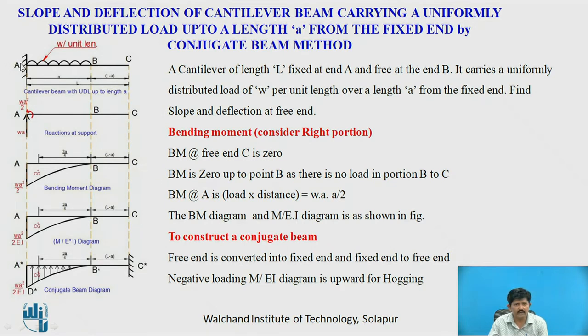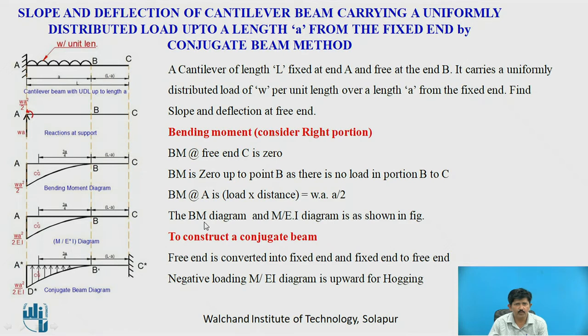Now the bending moment at A will be equal to load into distance. So the load will be W per unit length into this distance, that is A, multiplied by this CG from A. So that is W into A by 2, that is WA square by 2.